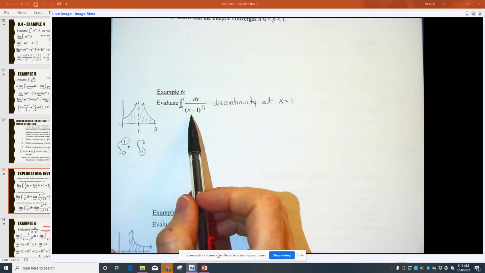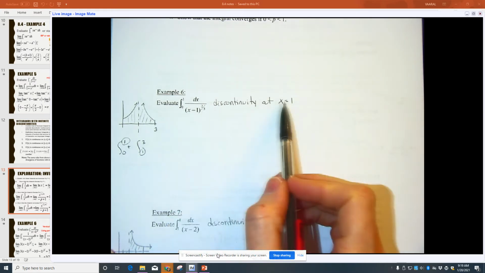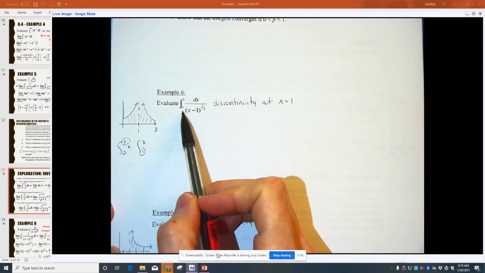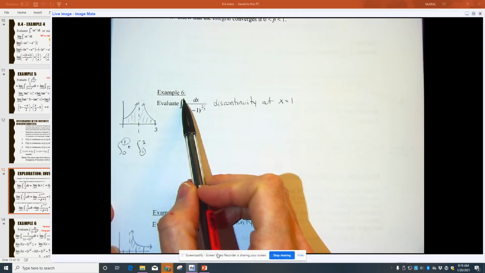Okay, let's look at example 6. So this is another situation where you have a function that has a discontinuity. So if you look at this, what would make the denominator 0 if x was equal to 1? So picture I'm finding the area under the curve between 0 and 3, but my function's not defined at 1.